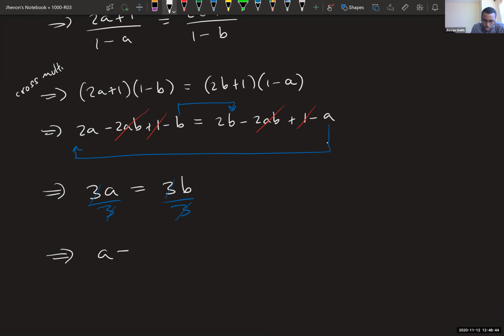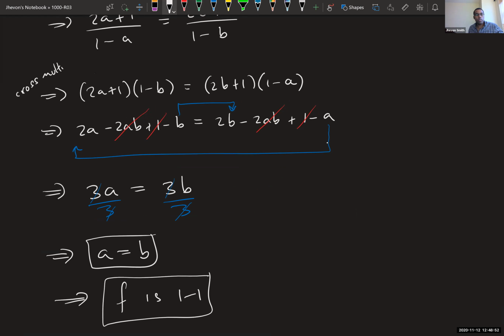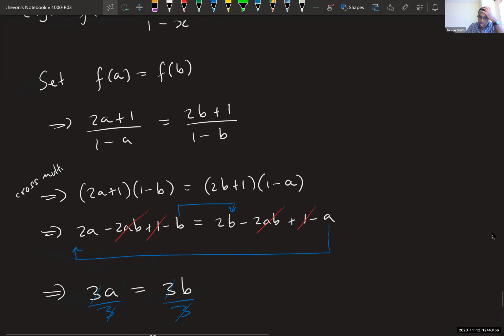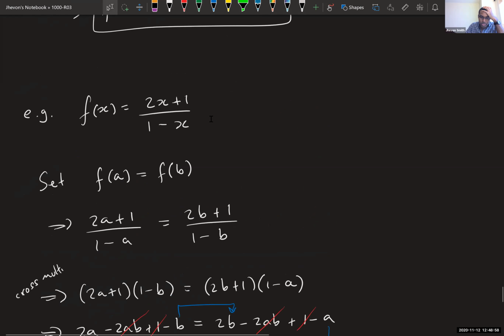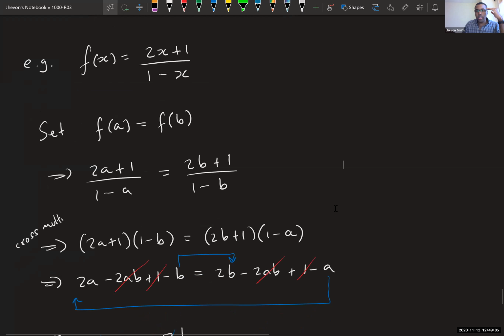And look at that. a must be equal to b here. So f is 1 to 1. So as a formula, if you don't want to have to graph it, because you probably wouldn't want to graph something like this, you can actually just do it based strictly on the formulas.